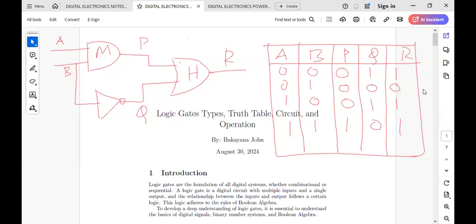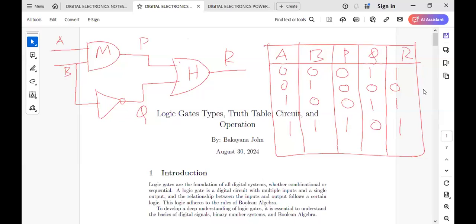Then when B is closed, or when it has 1, it will invert it to 0. When it is open, it will invert it to 1. And when it is closed, it will invert it to 0. Because that is the working principle of an inverter or a NOT gate.